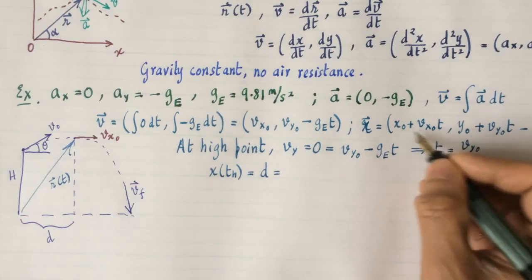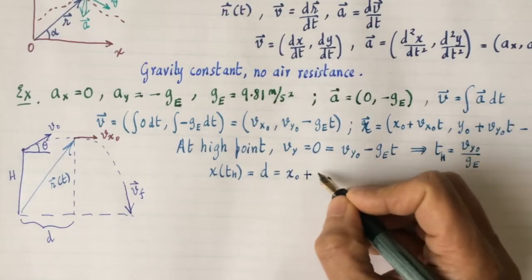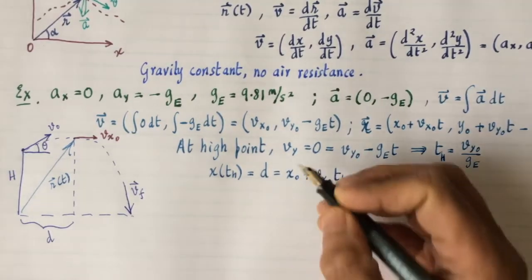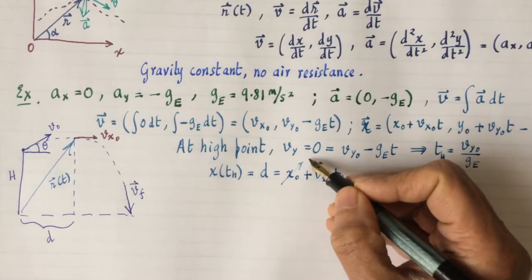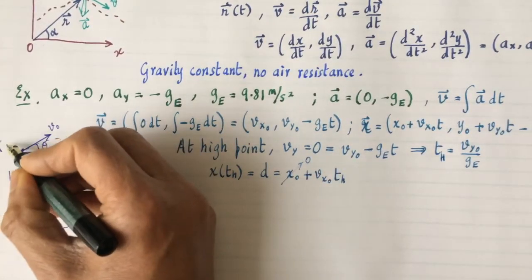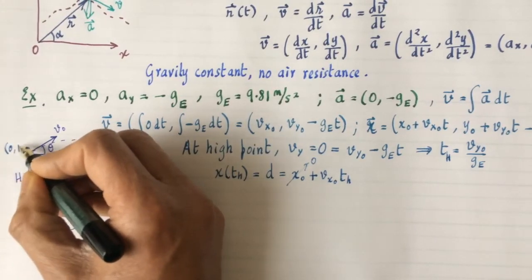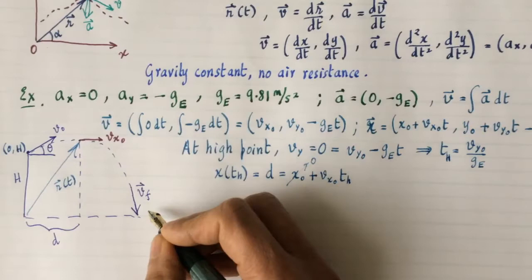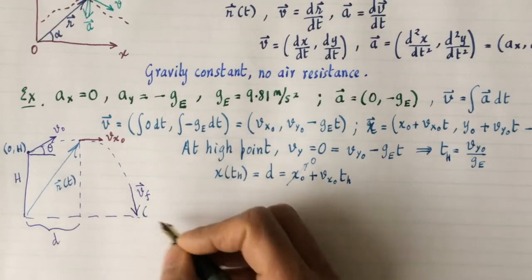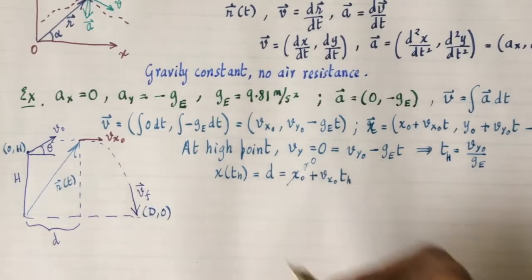Well, that x component is x naught plus vx naught times the highest time. Initial x naught is 0 because the location of the projectile at time 0 is x coordinate 0, y coordinate h. By the way, the location at the final point is x coordinate something, let's just call it d, y coordinate 0.